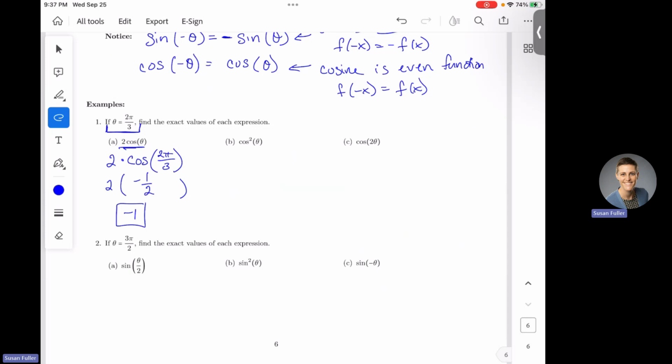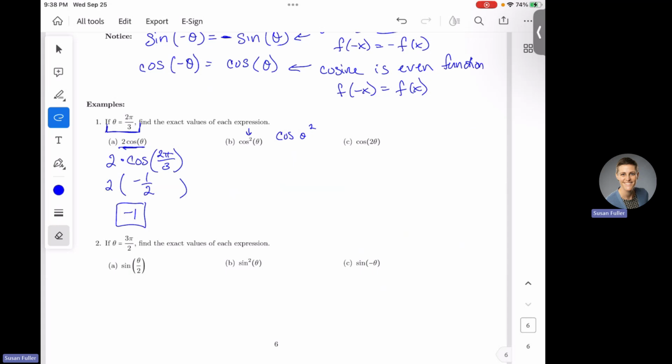Cosine squared of our angle theta. Now, what is this asking us to do? I know it's weird because the exponent is here. The reason that we put the exponent here is because if I had written it at the end and I write cosine of theta squared, this looks confusing, especially because not everybody puts parentheses here.